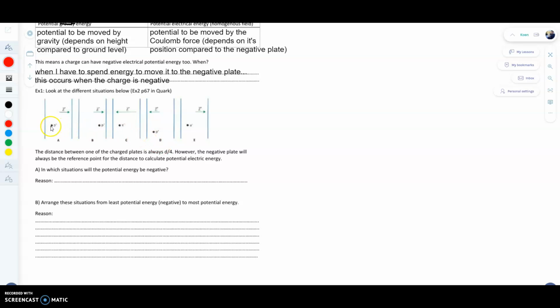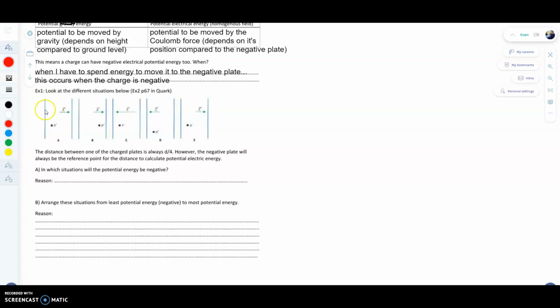The distance between the charged object, a proton in these 3 examples, but an electron in situations C and E, is always 1/4 of the way, meaning 1/4 of the distance is in between the proton and this plate, and 3/4 will be left between the other plate and the proton in this case. In which situations will the potential energy be negative? Well, let's talk about that.